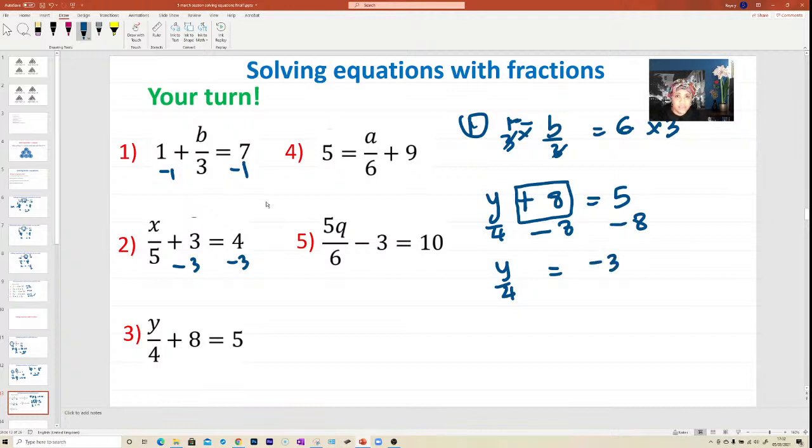So to get rid of this 4, we need to multiply by 4 on both sides. So 4 over 4 is 1. And then y is equal to negative 12. Okay, so mark your work as you go, guys. I'll get rid of this.